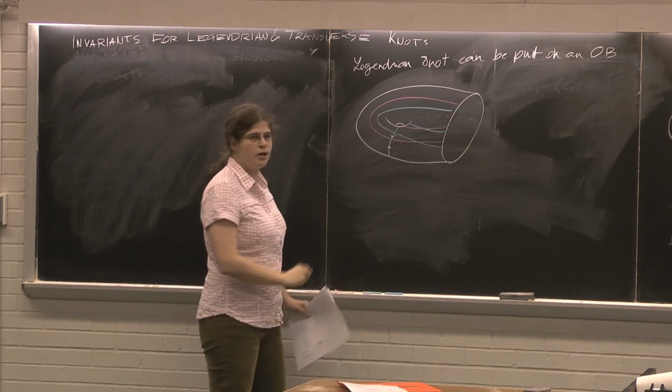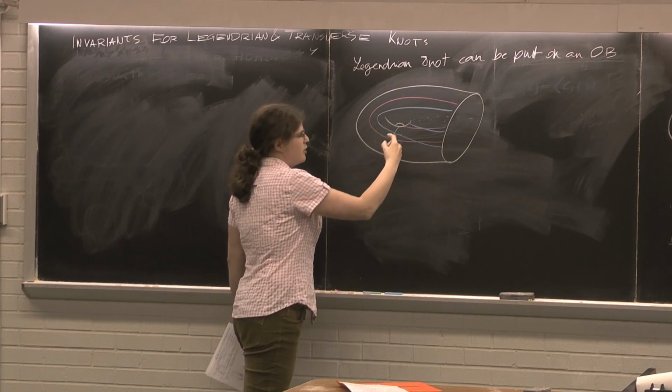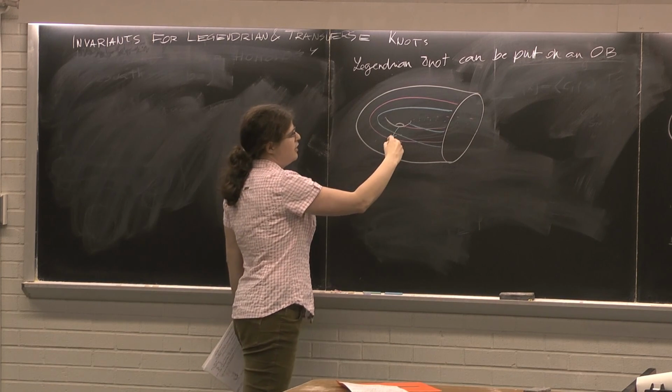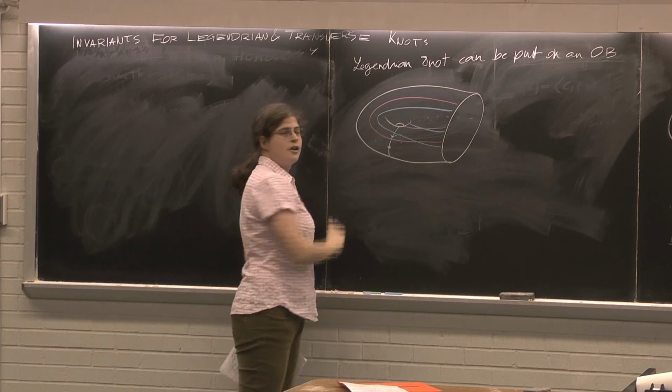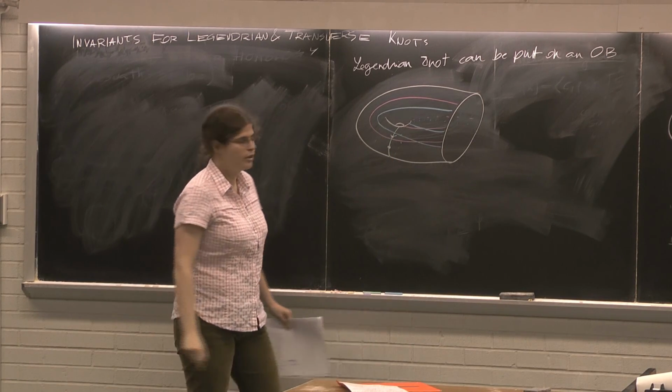And if you remember how it was defined, you connect everything in the complement of the blue curves, that's here, and you connect everything in the complement of the red curve. So these two points do describe my knot.